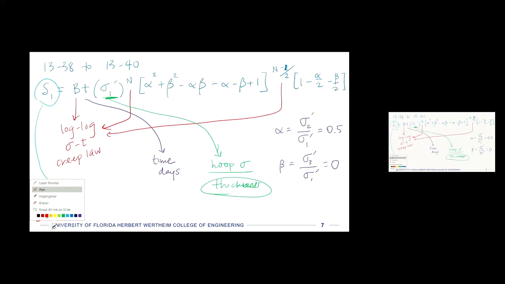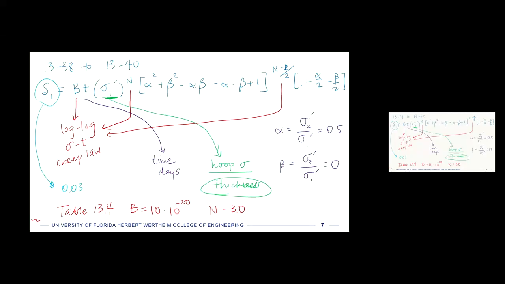So I'm going to write some values down for these. So in table 13.4, for this nichrome steel at 850 Fahrenheit, we can find that B is equal to 10 times 10 to the minus 20 power, and N is equal to 3.0.